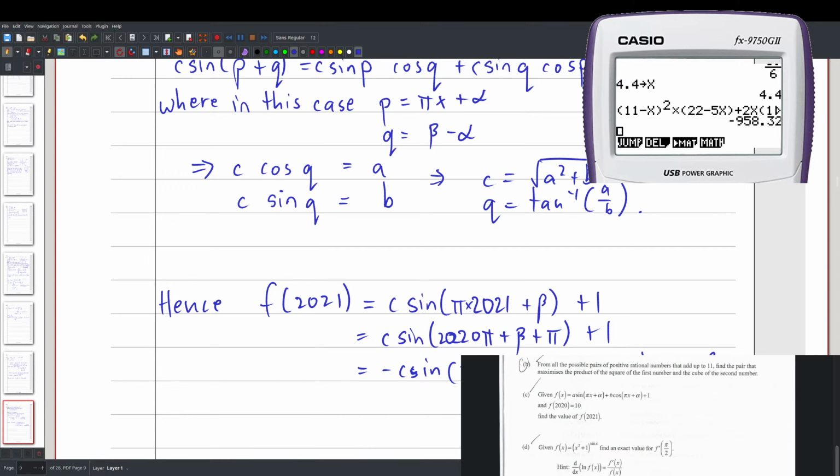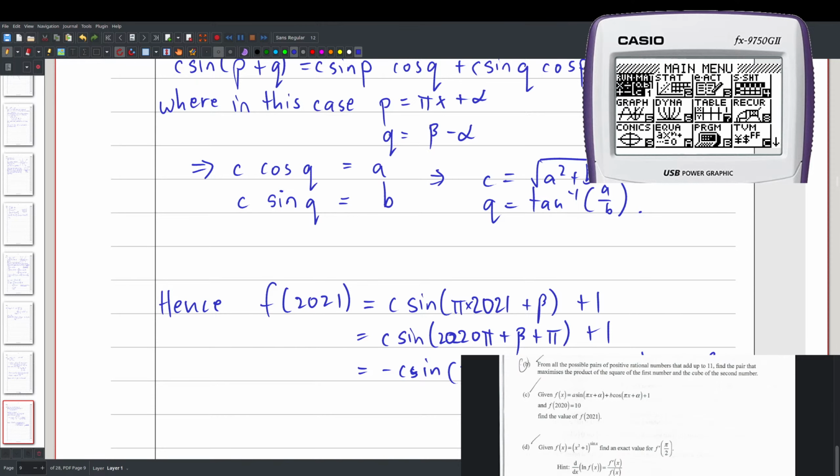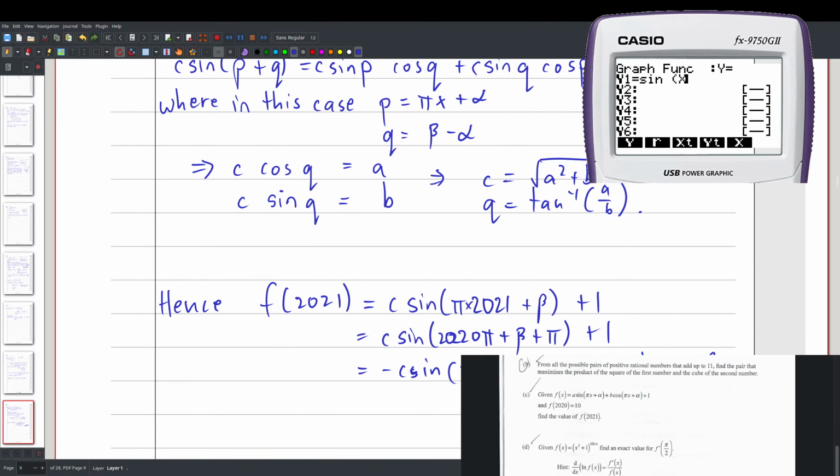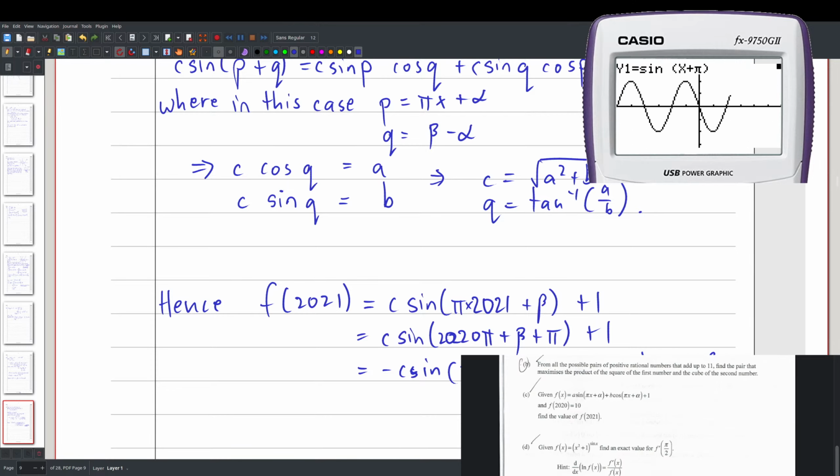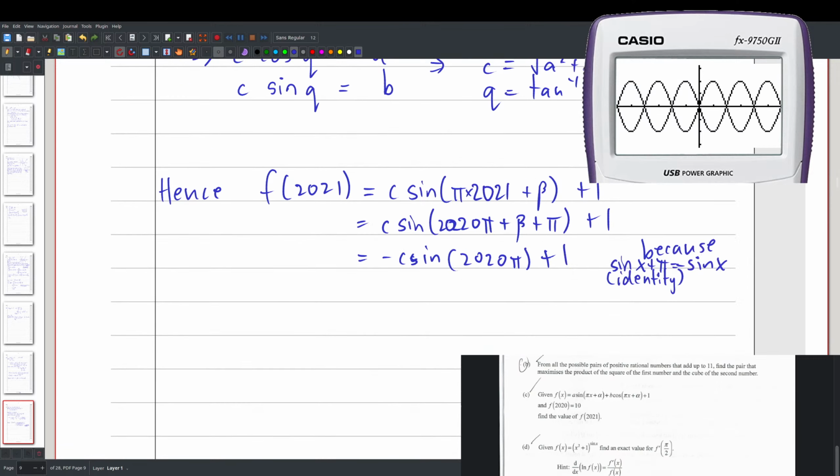It is a trig identity, I believe. We can check it. Yeah, you see, the negatives of each other. Yep.